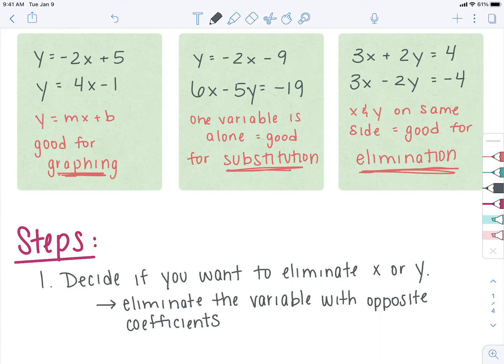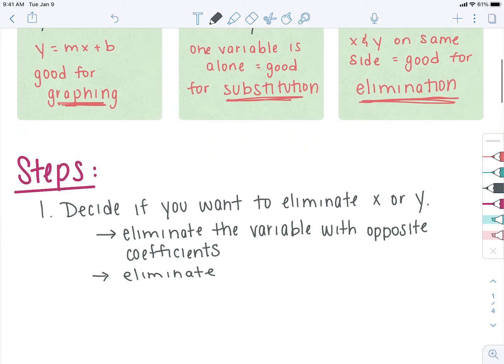If they don't have opposite coefficients right away, if they have the same coefficient, that would be our second option because we could easily multiply by a negative and make them opposites if we needed to. So if they don't have opposite coefficients, your next choice is eliminate the variable with the same coefficients.